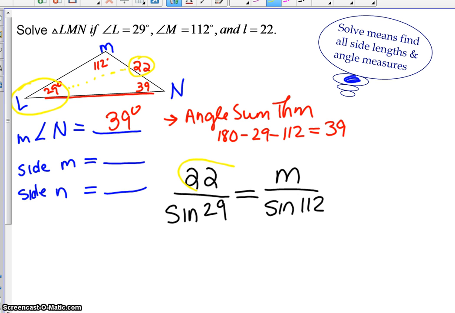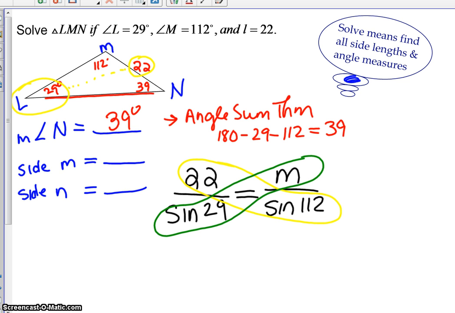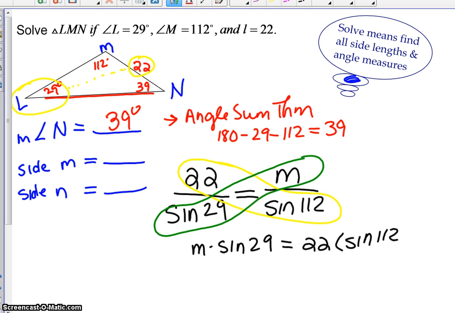If you remember your rules, when you have a fraction equal to a fraction, you can take one diagonal, multiply the two, and it equals the other diagonal multiplied together. So in other words, here, M times sine of 29 equals 22 times sine of 112.